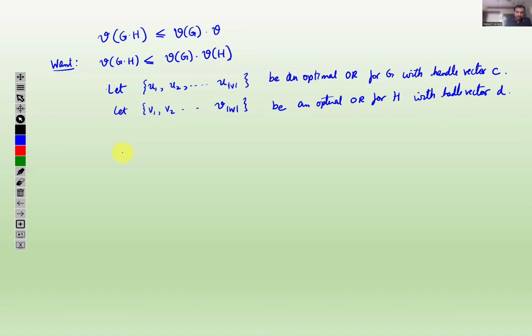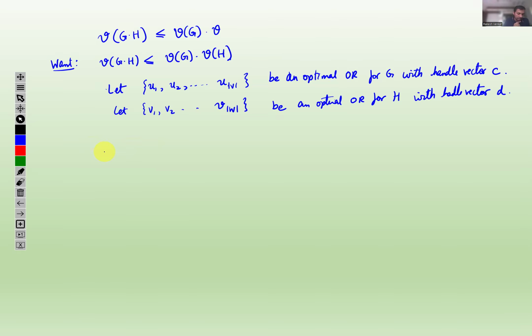So now, using this, I want to come up with an orthonormal representation for the product G dot H. What do you do intuitively? The vertex set became a cross product of the two. If you have these two sets of vectors, how do I come up with one?